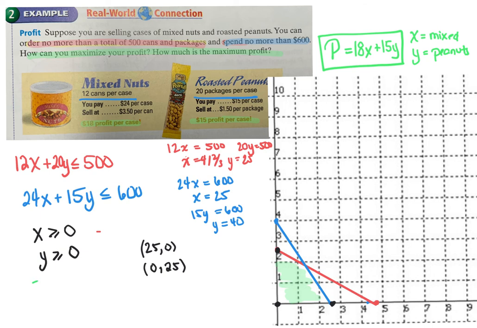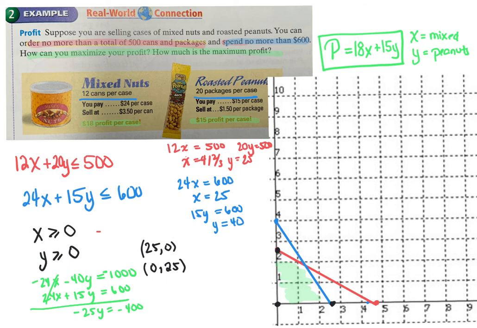So I have -24x minus 40y equals -1,000. And for the bottom, I have 24x plus 15y equals 600. Those cancel. What's 40 minus 15? -25 there. 1,000 and 600 give me -400.